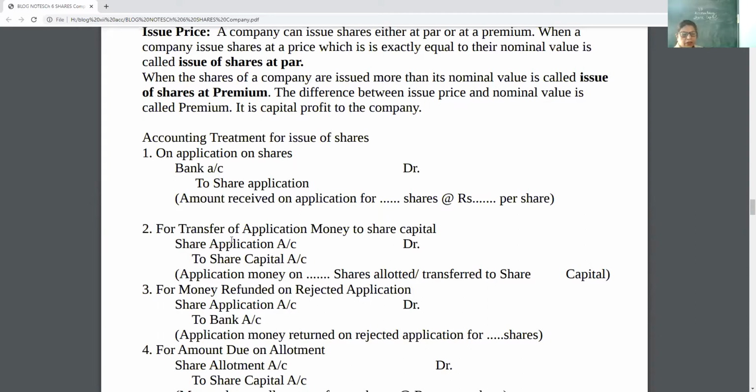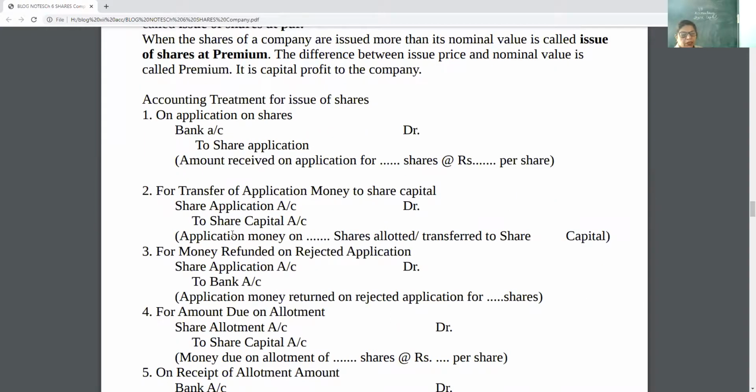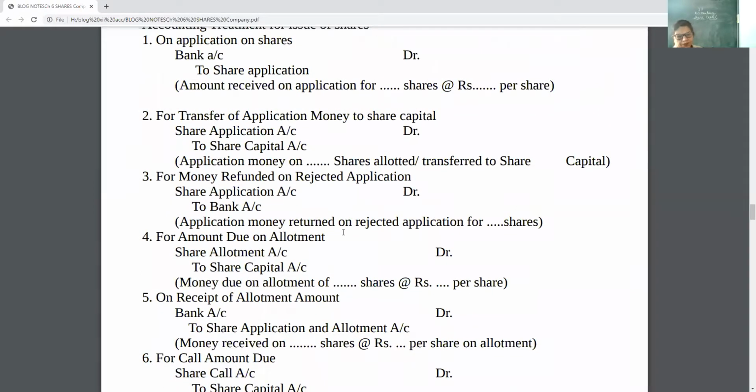And if that money is refunded or rejected, then in that entry you can make the part to bank account. Why did I make a separate entry here? Because in the exam once in CPSC they asked what will be the entry if the company rejected or refunded the extra amount of application.